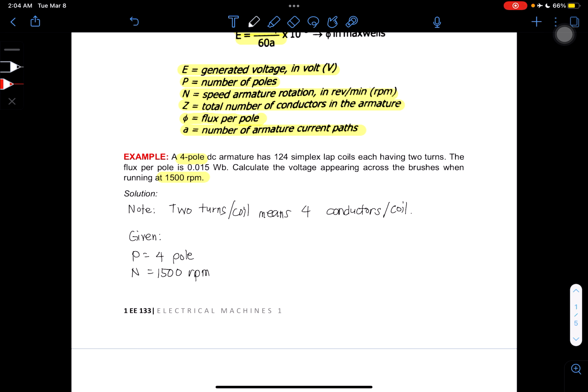And we also have our flux per pole, phi, which is 0.015 Weber.